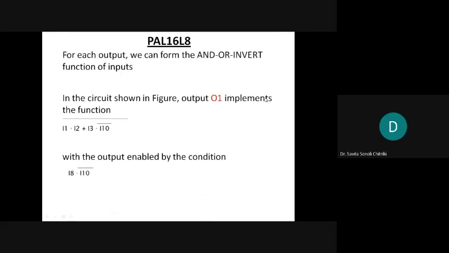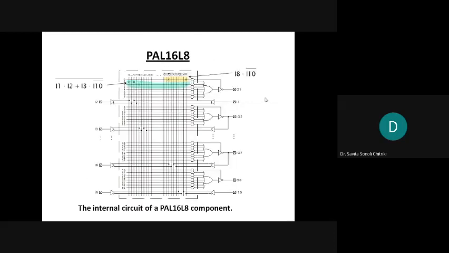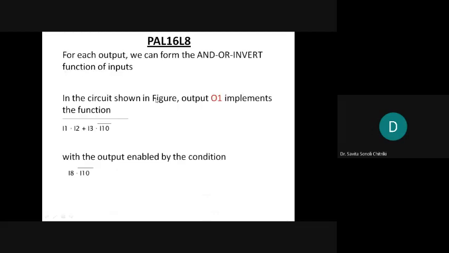Question. For each output we can form an AND or inverter. In the circuit shown in figure 1, output 1, O1, implements the function I1 into I2, I3 and I10 bar.